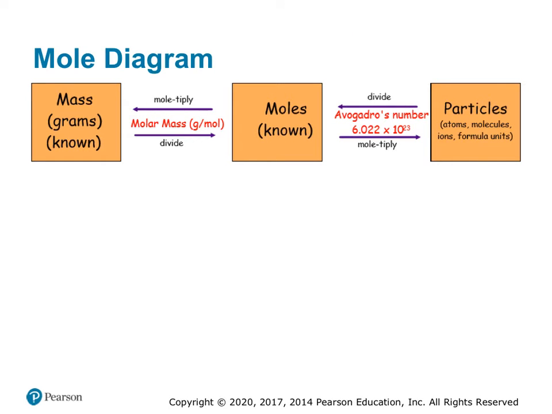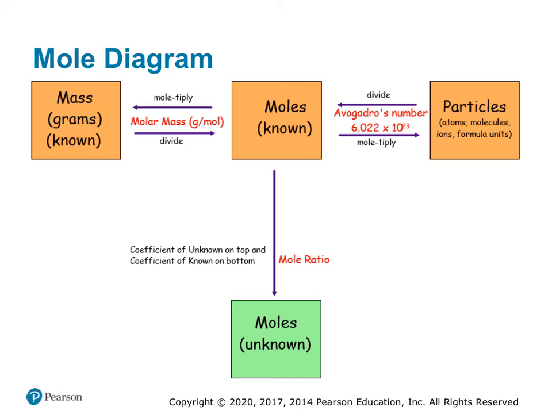Okay, go ahead and get out your mole diagram. We're going to add to it today. We're going to first add the word known all the way across to each box, and you can add the word known here under particles as well. And this becomes our known substance or the given substance in the equation. What we're adding here today in our mole diagram is an arrow going down and a new box called moles of unknown.